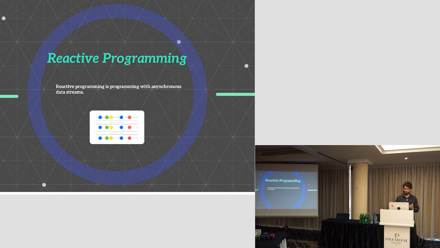Basically, reactive programming at its core is just programming with asynchronous data streams. And a stream, unlike the native Scala collection stream, is something like a value over time. For example, if I have a mouse position and I move it, then the value will change over time, and a stream is just a representation of that change.